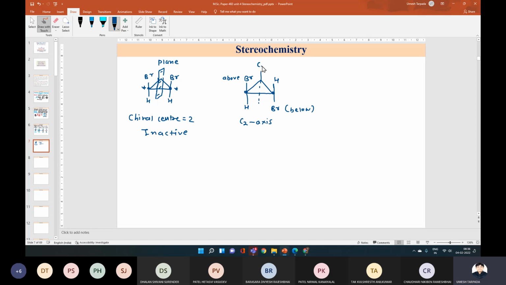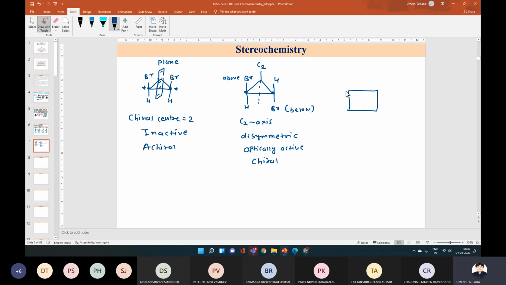This molecule is called dissymmetric. That means it has only a Cn axis element and it is optically active. Optically active means it is chiral. This molecule being optically inactive means it is achiral.